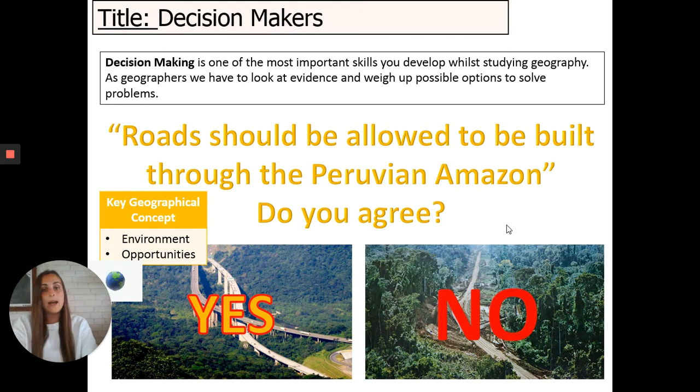This is all going to be about whether or not roads should be built in the Amazon.